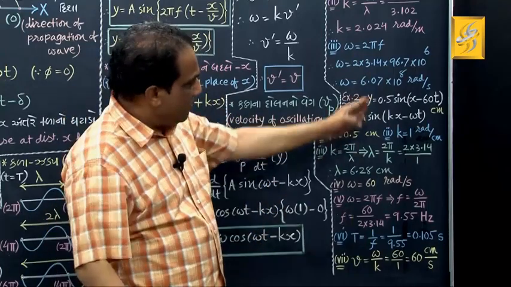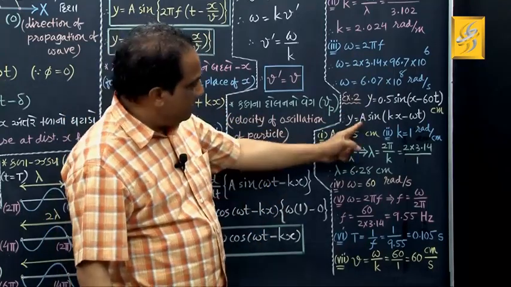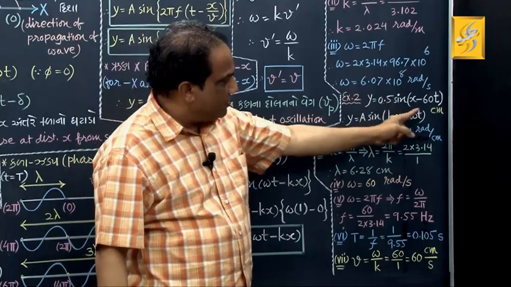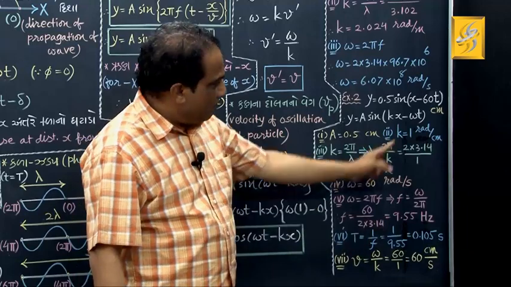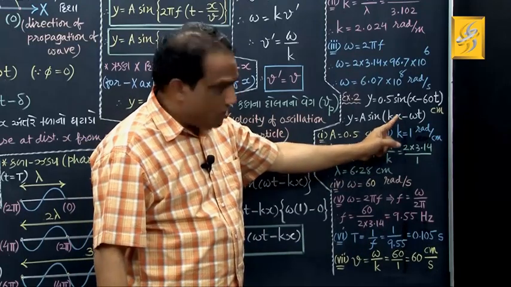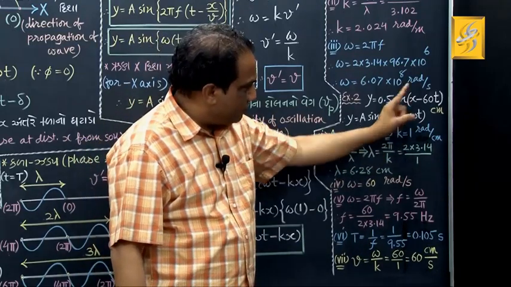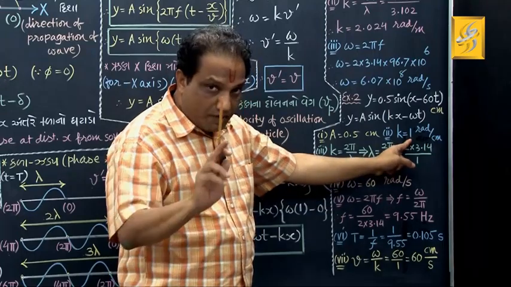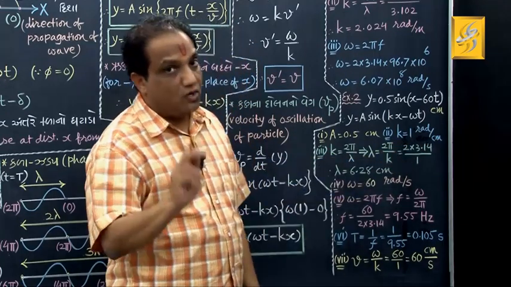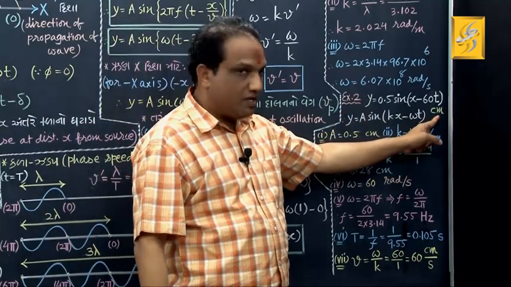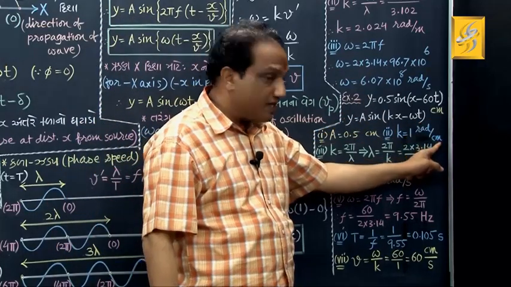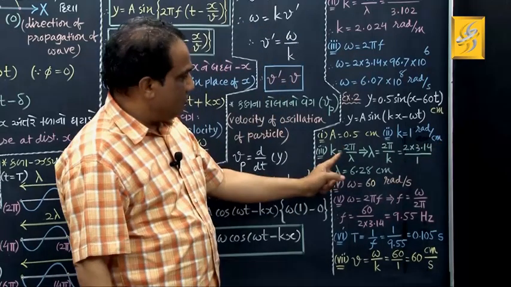Now compare. The amplitude A is 0.5 centimeter. The coefficient of x is k, and the coefficient of x is 1, so k equals 1. But mind well, don't write the unit of k in a hurry as radian per meter, because right now the y value is in centimeter. So you must write radian per centimeter. What about the k formula?